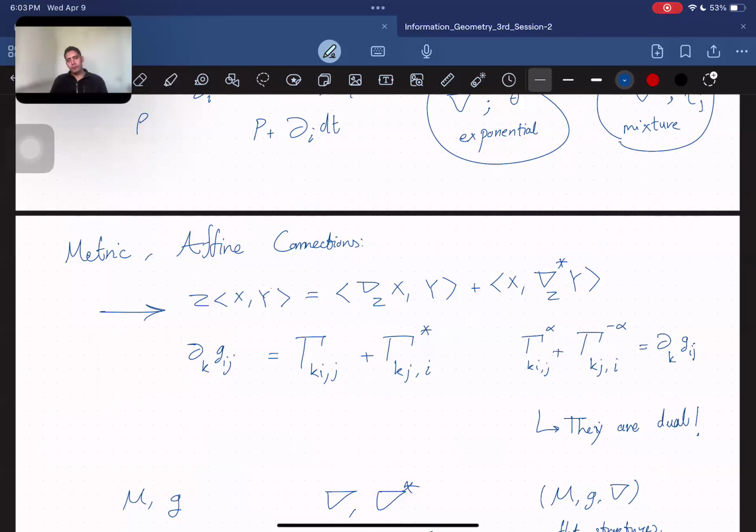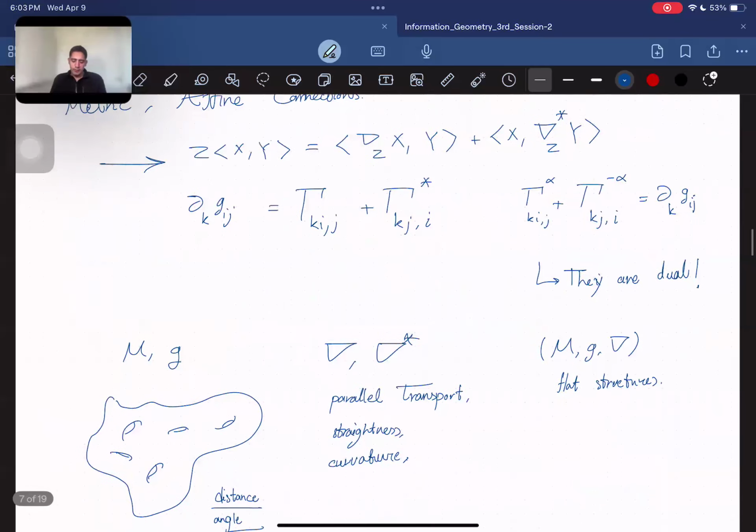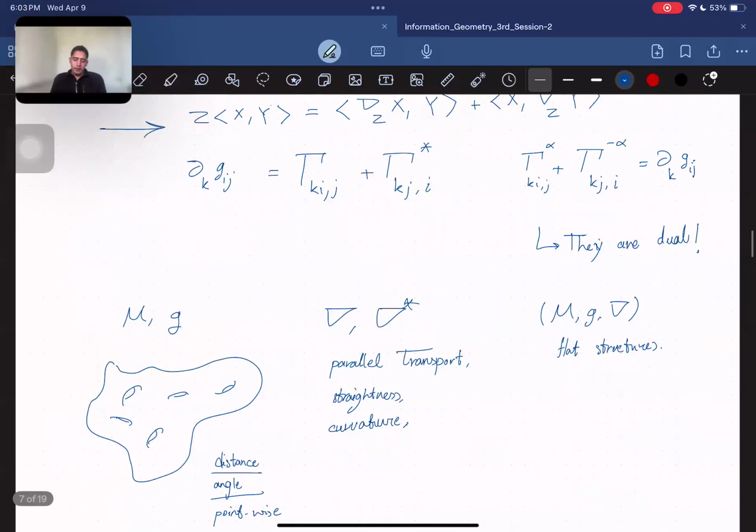The intuition behind it is that the first connection is going to glue in some way the tangent vector to another point, and the dual is going to do it with another way of gluing.